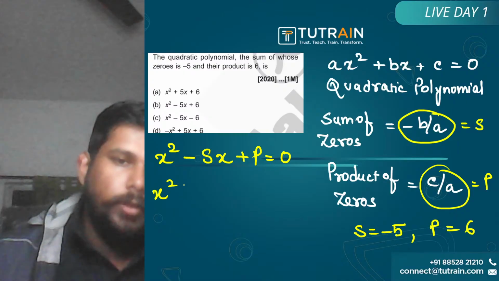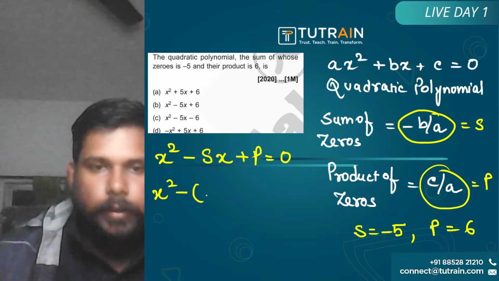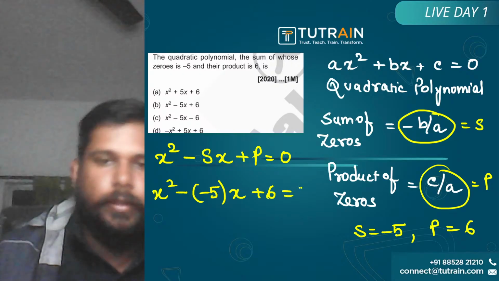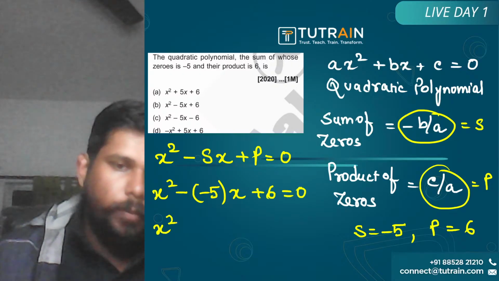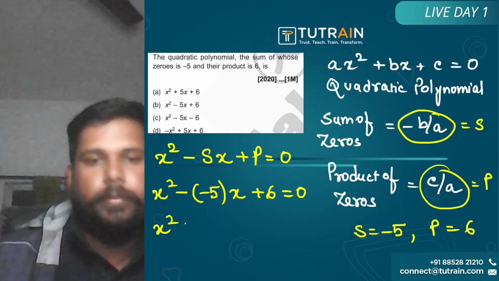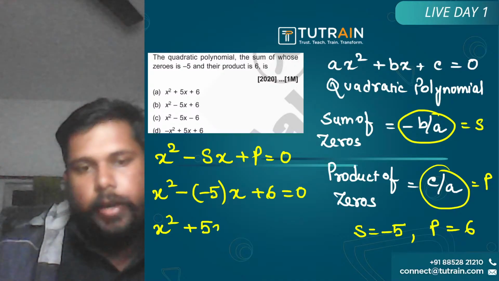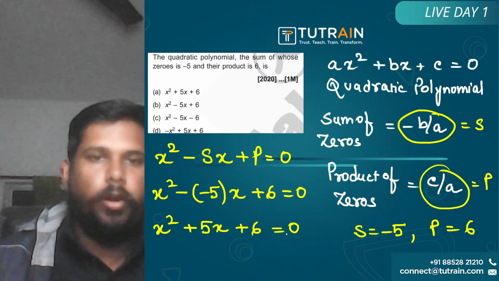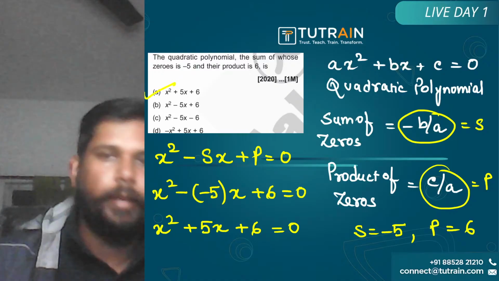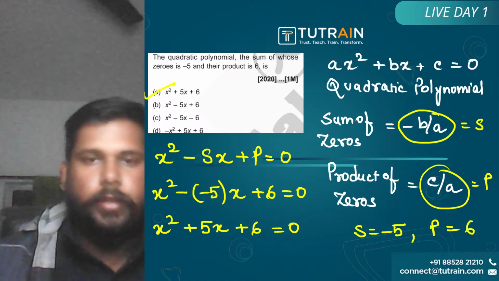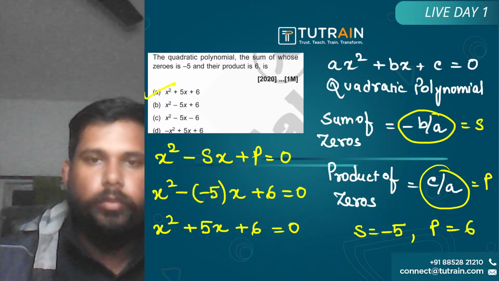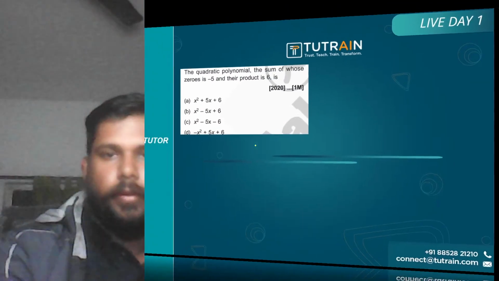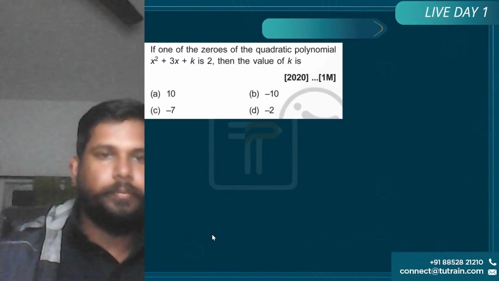Let us put it. So x square minus, and s is minus 5, x plus p is 6 is equal to 0. Negative times negative is positive. So x square plus 5x plus 6 is equal to 0. So my option will be option number A. This is also a CBSE 2020 question, right? Let us move ahead.